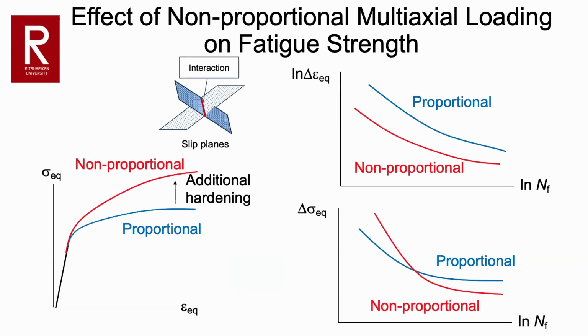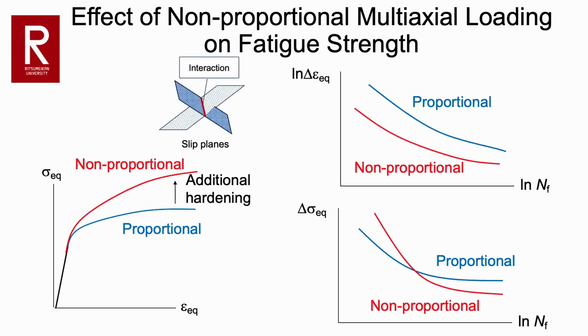So what happens to the material under non-proportional loading? Due to the interaction between the slip systems, additional hardening occurs, and the cyclic stress-strain curves increase like this, compared with proportional and uniaxial loading.